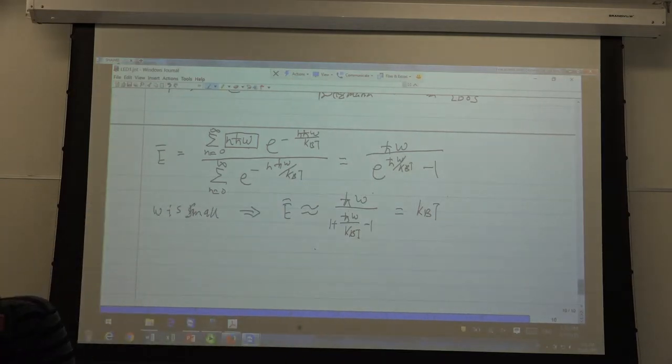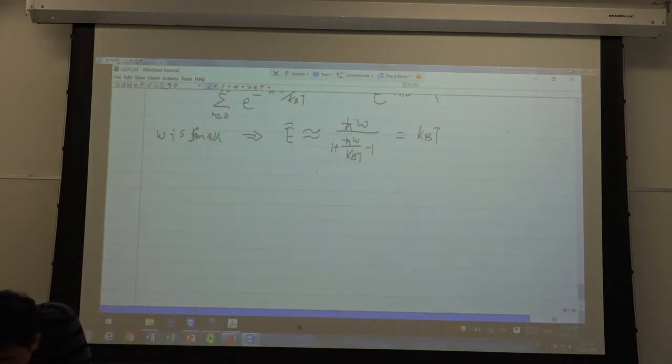So finally, we finish this. They call it the radiation energy per unit frequency per unit volume.